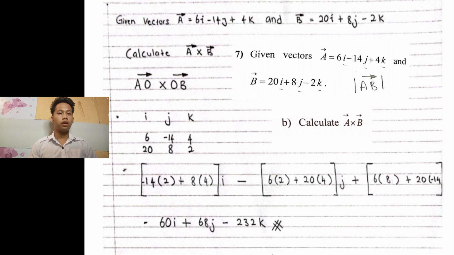Second step, you need to multiply i. Example, minus 14 times 2 plus 8 times 4 for j, 6 times 2 plus 24 for k, 6 times 8 plus 20 for k. Minus 14.